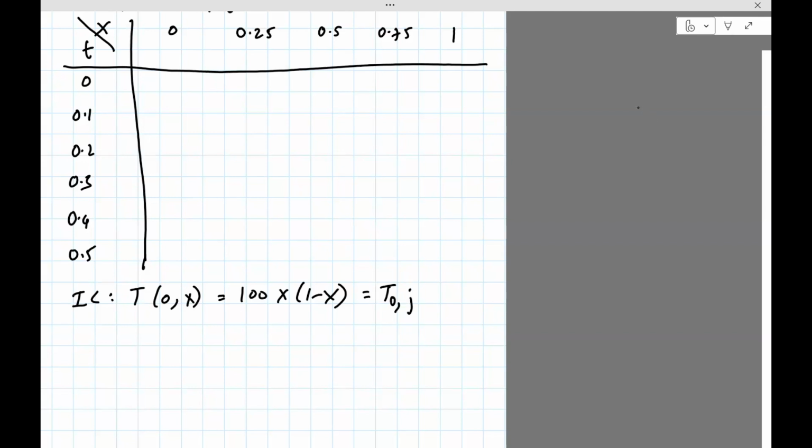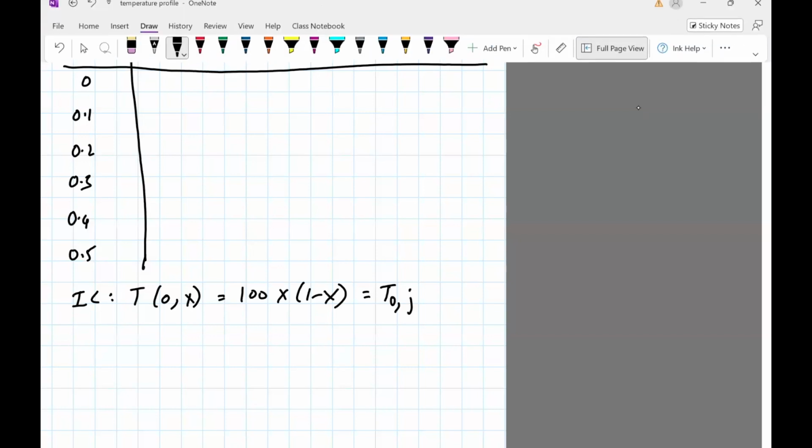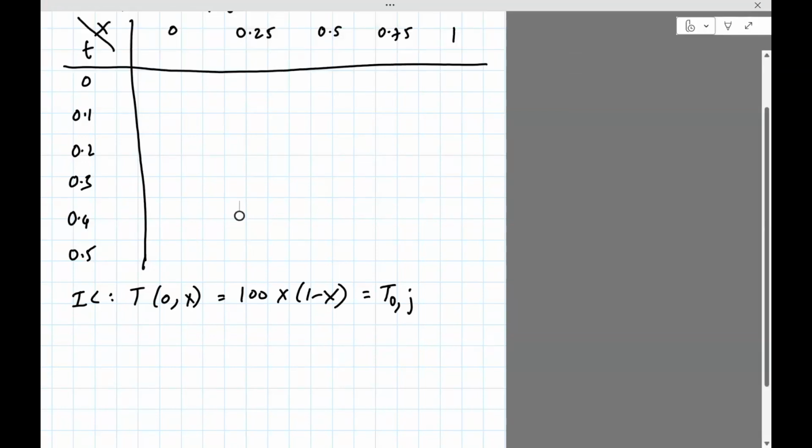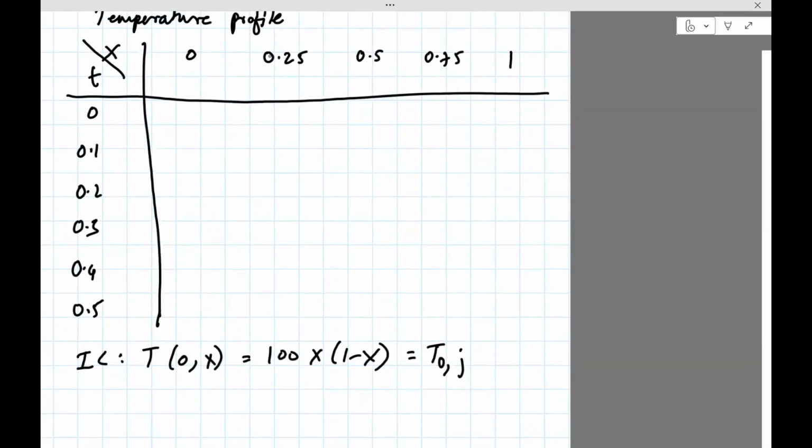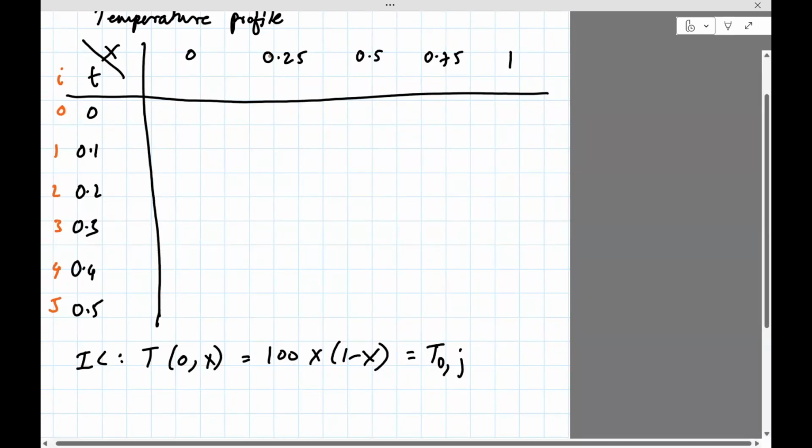Let me put it down in a different color here. If you write the i values, this would be 0, 1, 2, 3, 4, and 5.